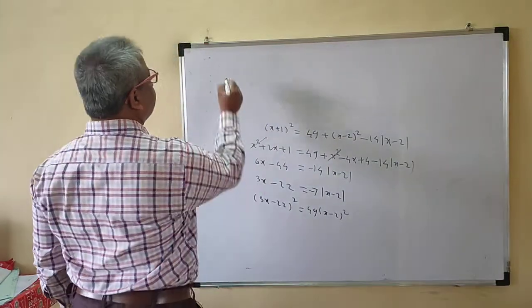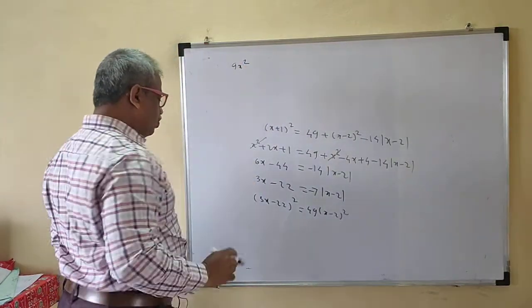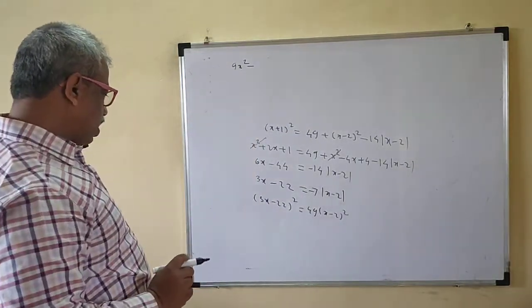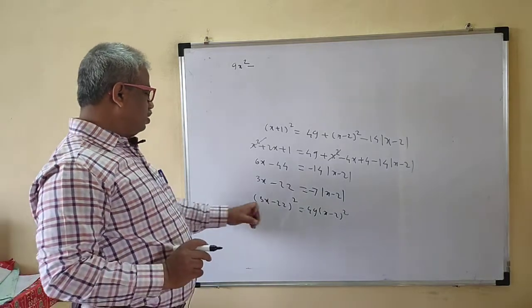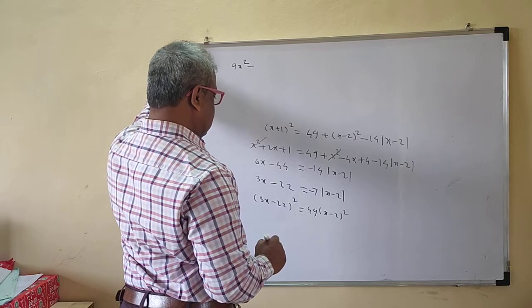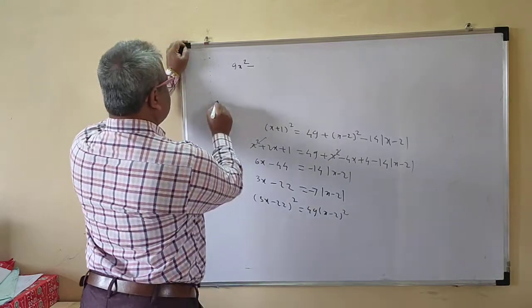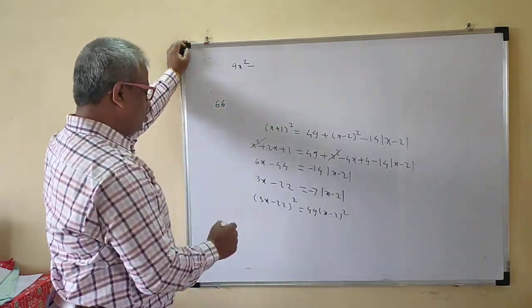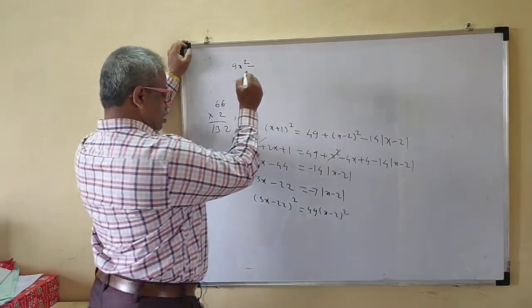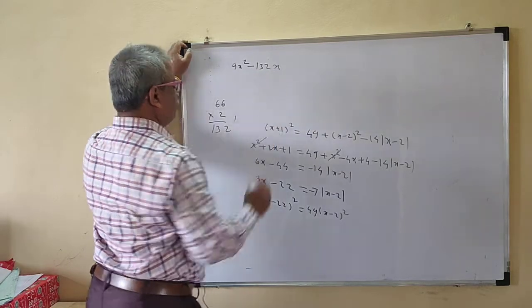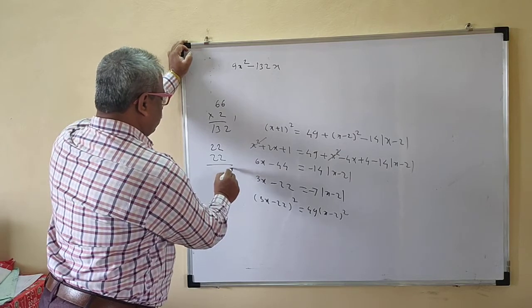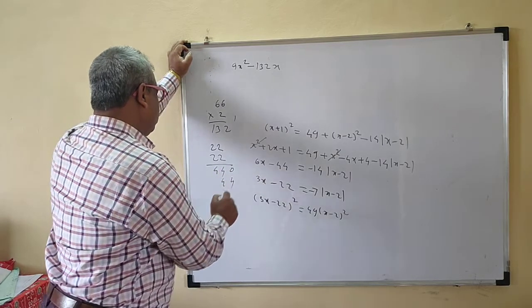So what we get? 9x square minus 66 into 2 also you have to do, so 132x. Then you have to take 22 square now, this is 484.